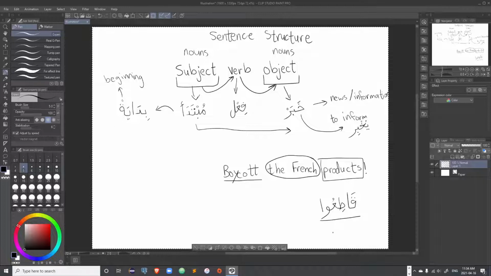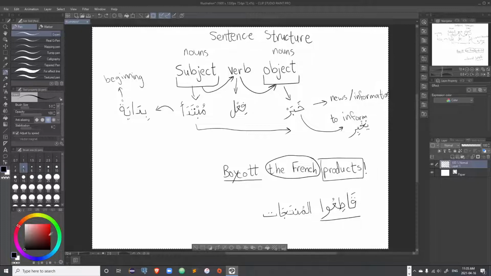So I will add a line here. قاطعوا. L. So this is the L, المنتجات, and this has a square.